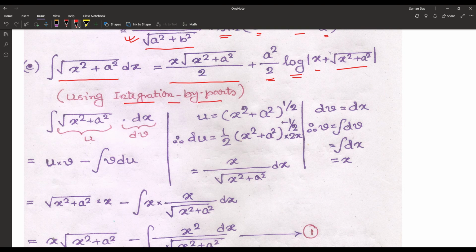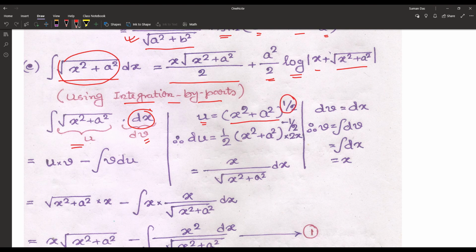The first part has been taken as u for the integration by parts, and only the dx has been taken as dv. So u is equal to x squared plus a squared whole to the power half.